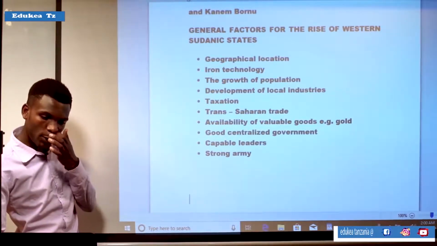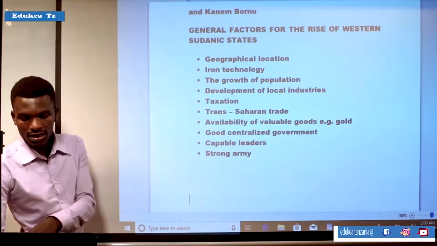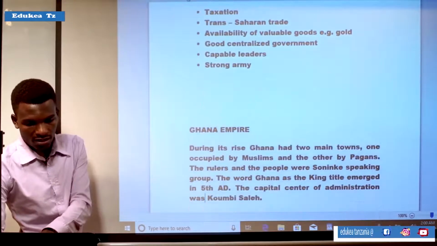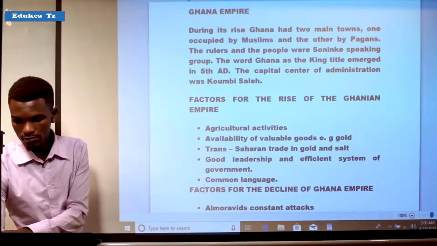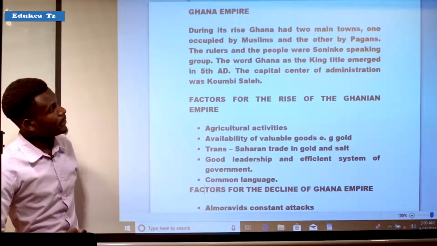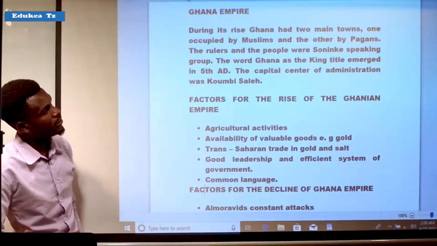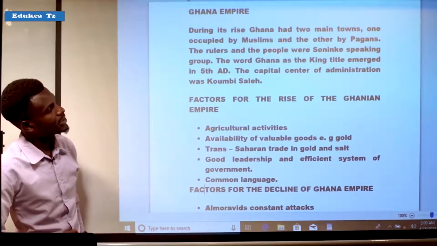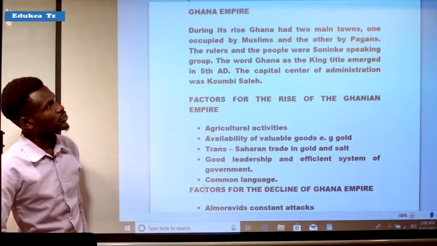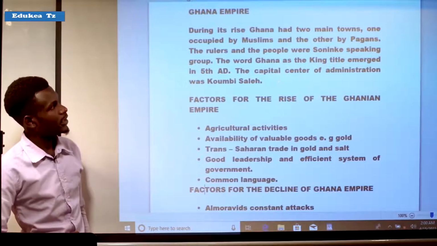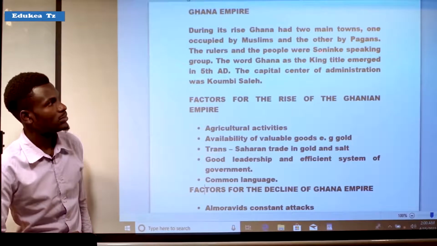So then after, we are going to see one Sudanic state after another, starting with the Ghana Empire. During its rise, Ghana had two main towns, one occupied by Muslims and the other by pagans. It means that the rise of the Ghana Empire was characterized by two main towns.